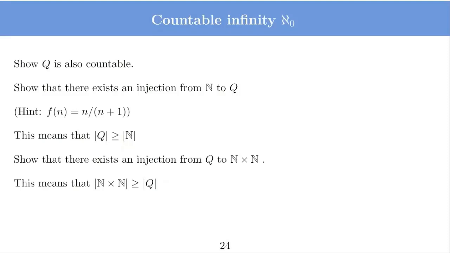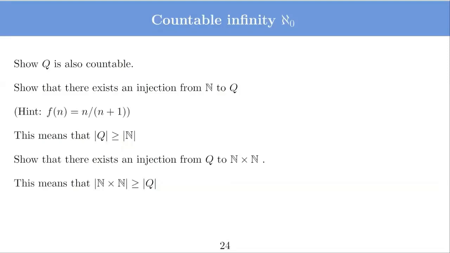So it's not a surjective map, it's not exactly a bijection, but this is an injection from Q to N cross N. You are able to map every rational number to one element in N cross N. So again, N cross N should have more or equal elements than Q. It cannot have fewer elements than Q. So the cardinality of N cross N is at least the cardinality of Q.